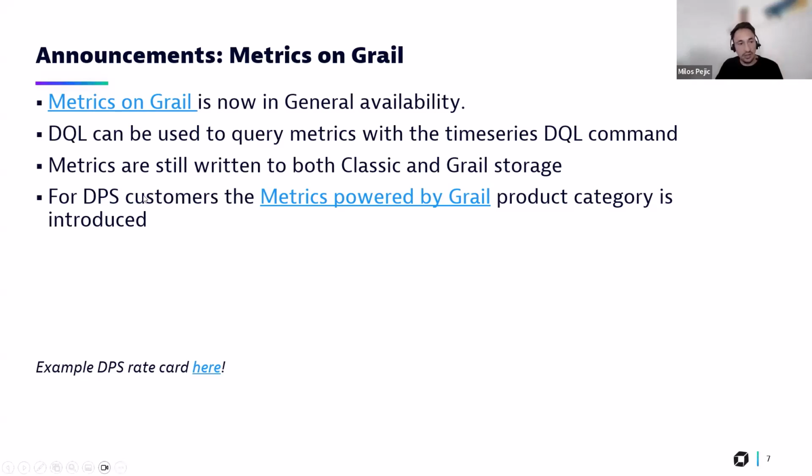And for the DPS customers already out there, with metrics now being powered on Grail, you have a new product category available. And for maybe future DPS customers that are interested in what DPS rate cards look like, please find an example here. There you can also check out the new product category, metrics powered by Grail.